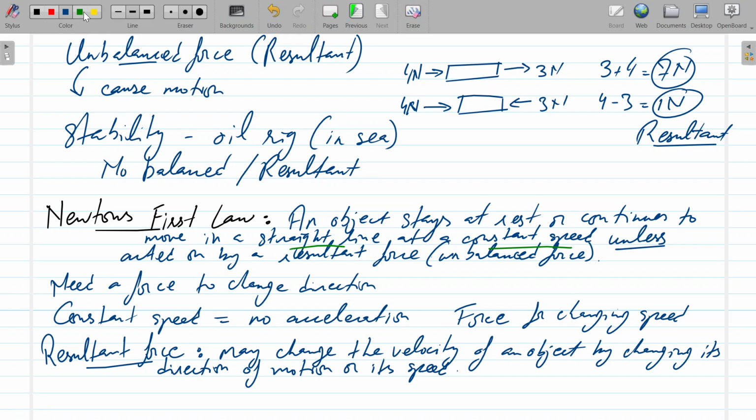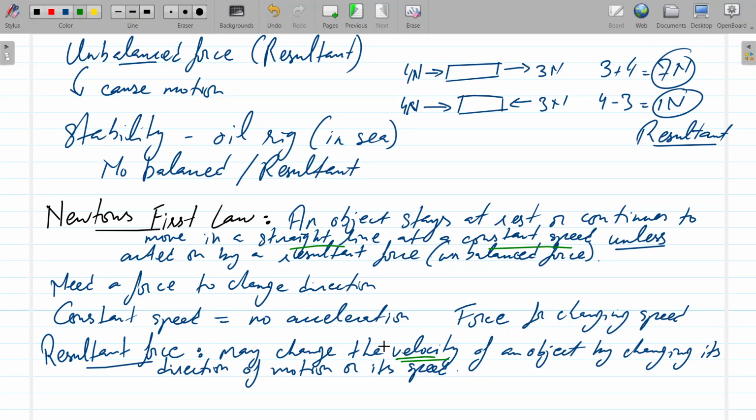Again, I want you to note over here that they're using the term velocity, because the difference between speed and velocity is that speed is a scalar quantity, it just has magnitude, and the direction is not taken into consideration. Just how fast the object's going, not where it's going.